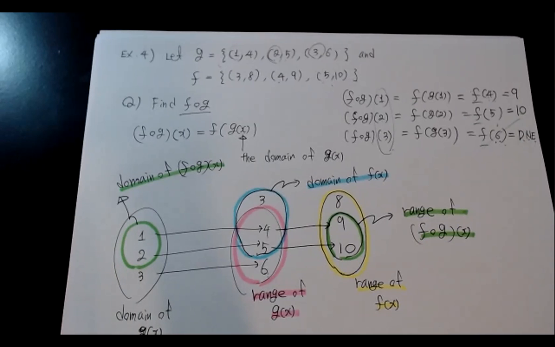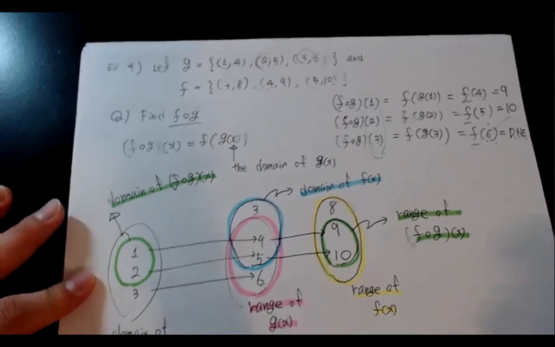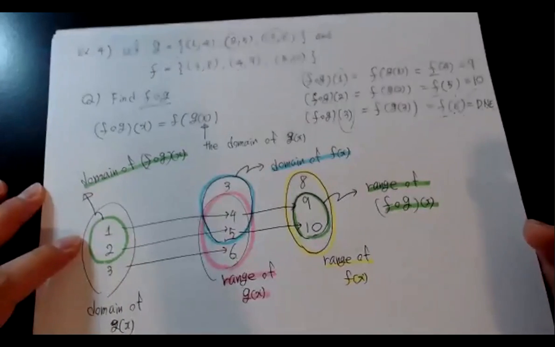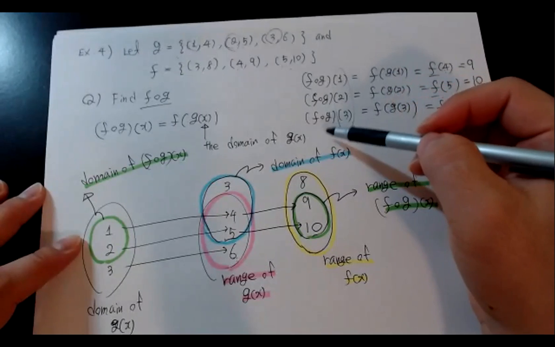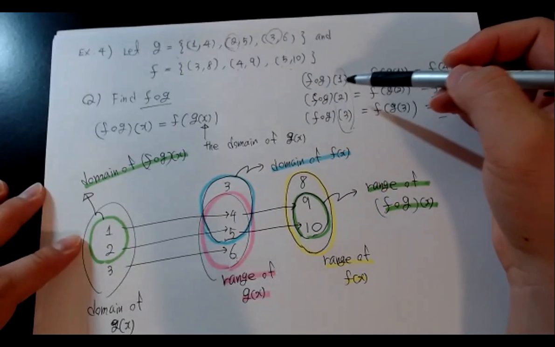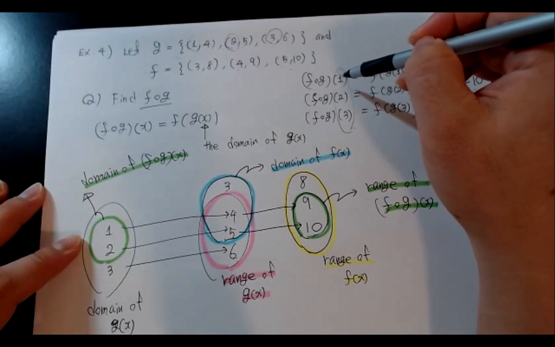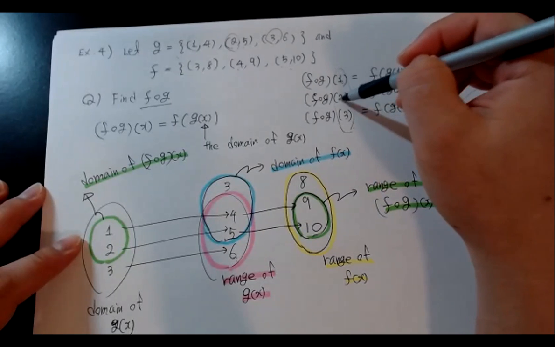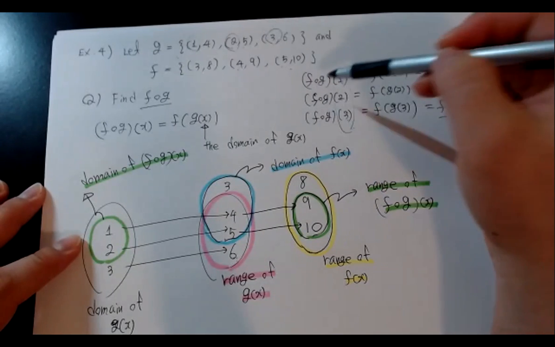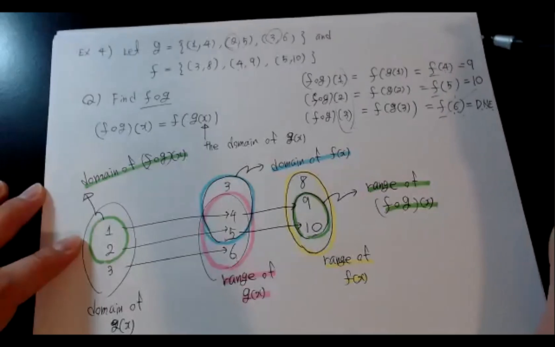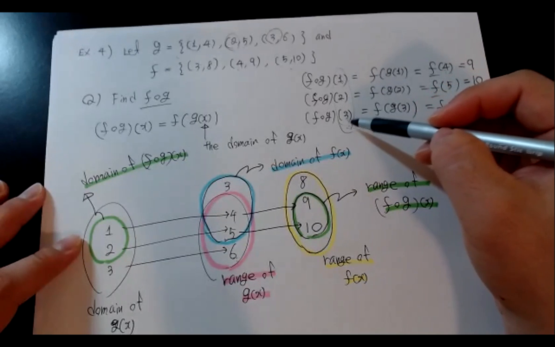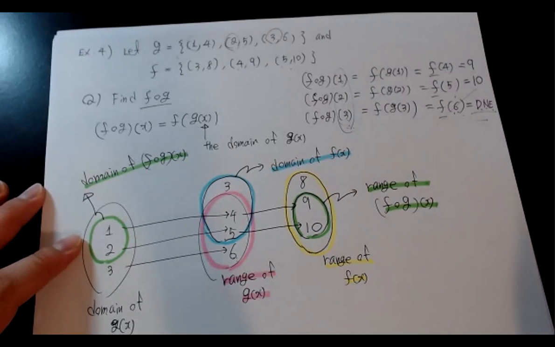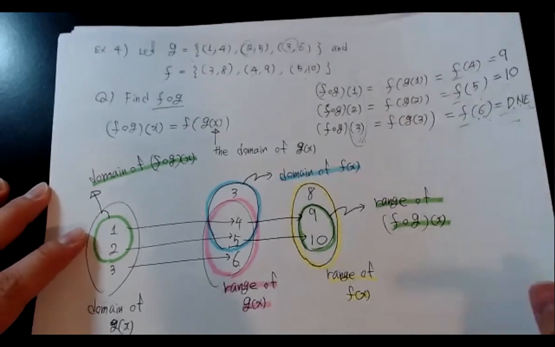You don't have to do that. Just evaluate the composition of f and g at each number in the domain of g, like what I did, and if you get DNE, then just take that number out of the domain.